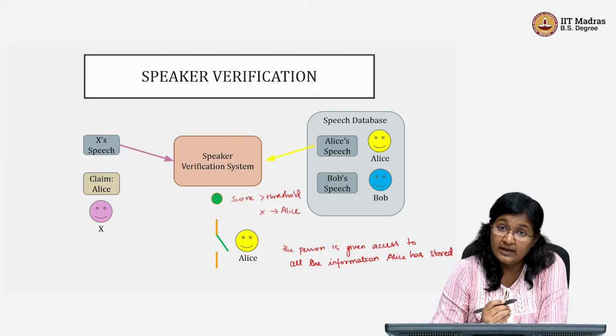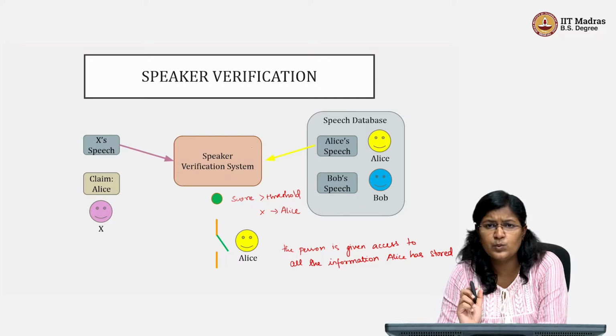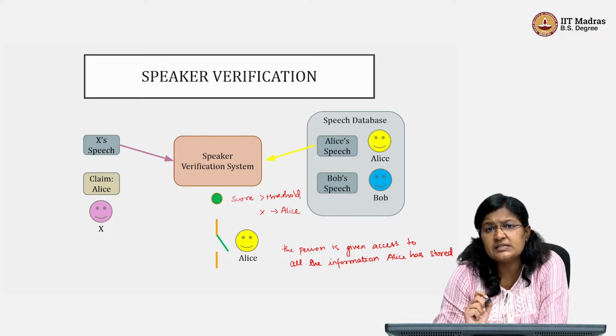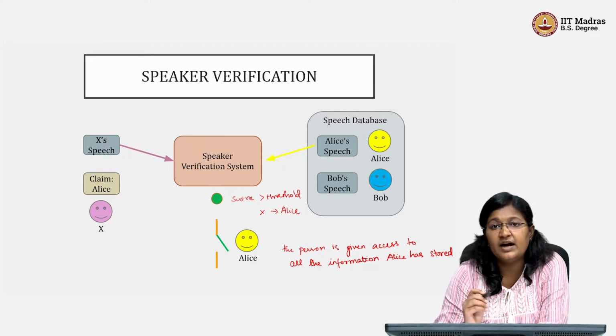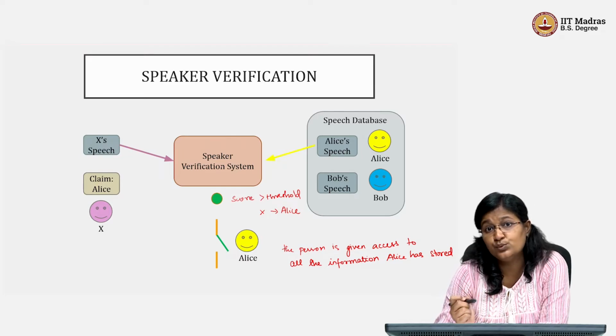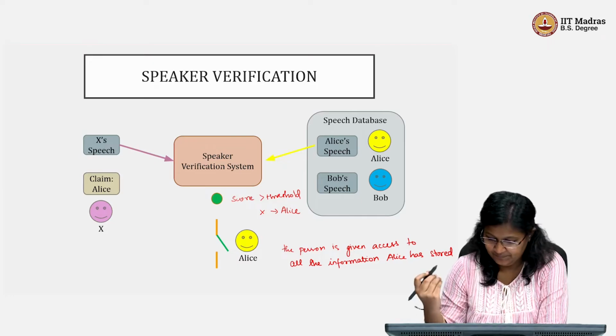Sometimes it can be Alice, but the system might say, no, this doesn't sound like Alice's voice, so I'm not going to let this person in. So this speaker verification system is not going to be 100% correct, so we are still far away from putting it to use for very sensitive applications, I would say.